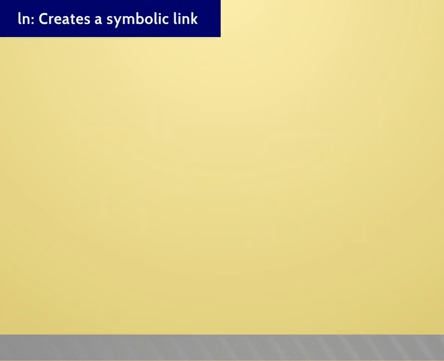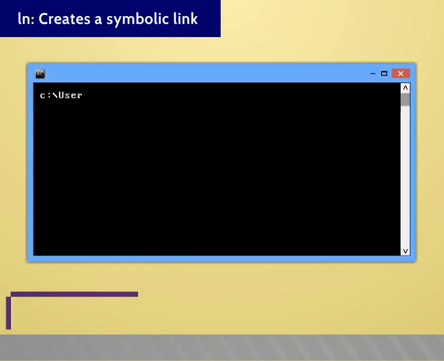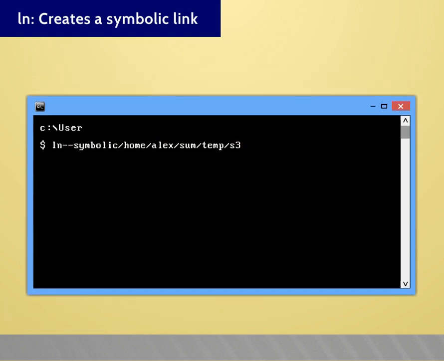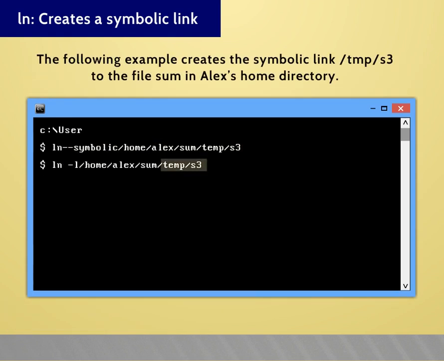Link creates a symbolic link. Use ln with the symbolic or -s option to create a symbolic link. The following example creates a symbolic link /temp/s3 to the file sum in Alex's home directory.